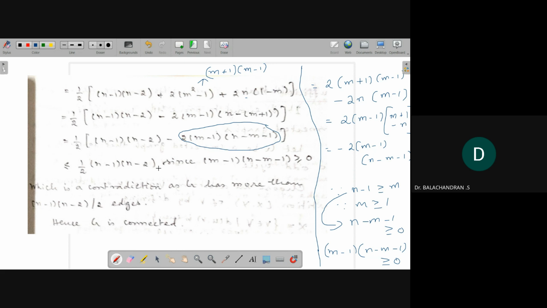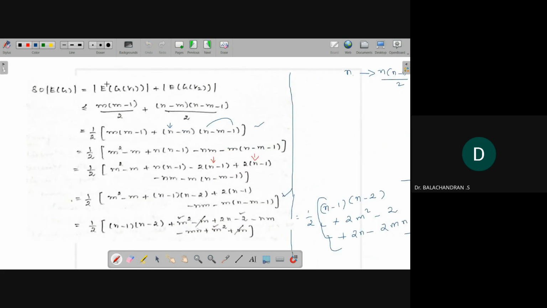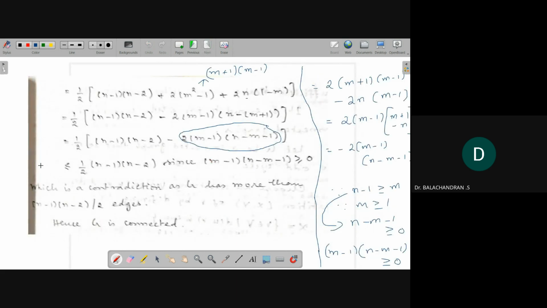So the left hand side is nothing but the number of edges in G. The number of edges is at most n minus 1 into n minus 2 by 2. So which is a contradiction. Why is it a contradiction?